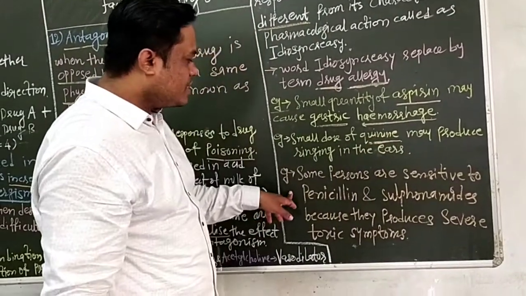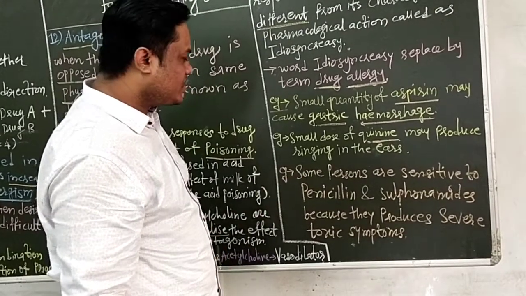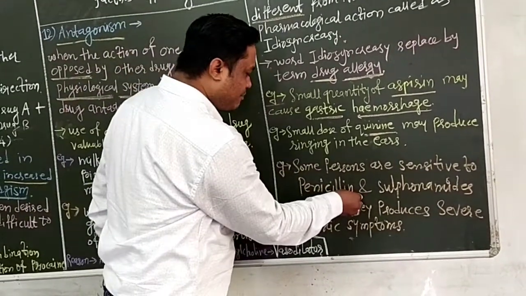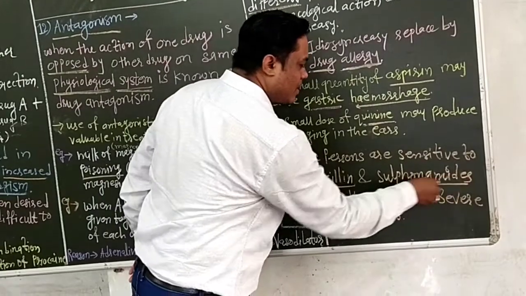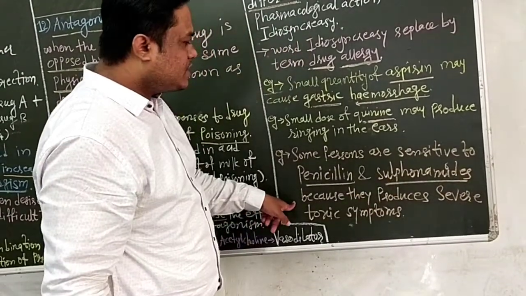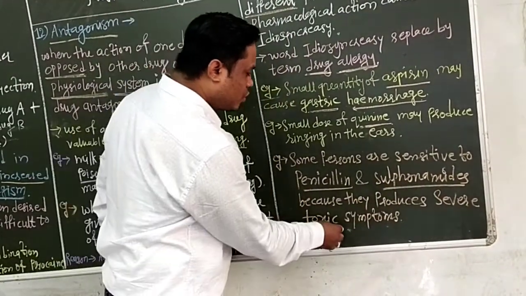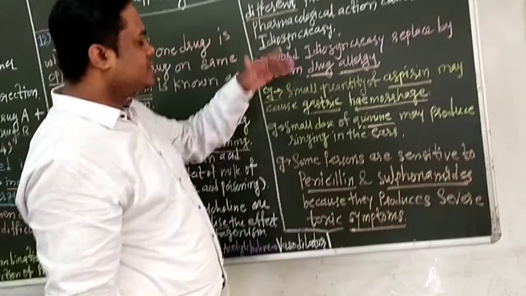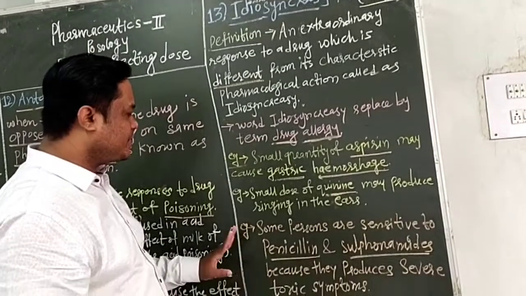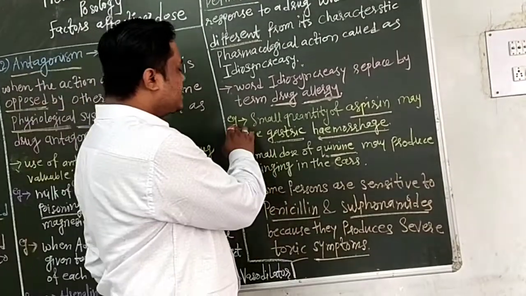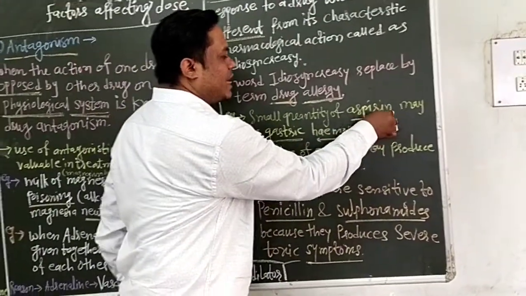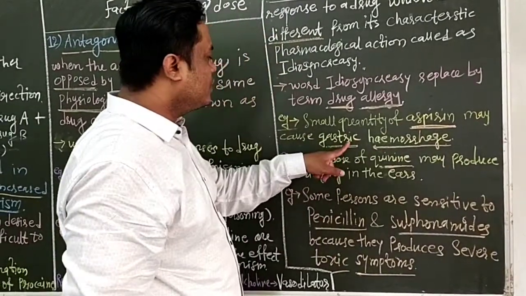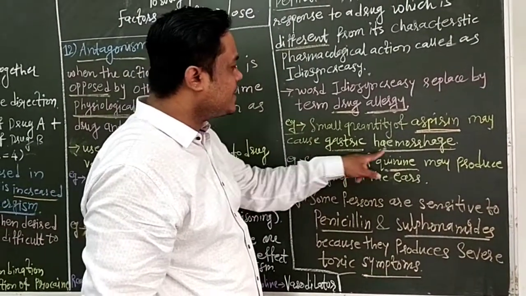Then next, some persons are sensitive to, for example, penicillin and sulfonamides, because they produce severe toxic symptoms in an allergic patient. So in these examples, first, aspirin gives the extraordinary response of gastric hemorrhage.